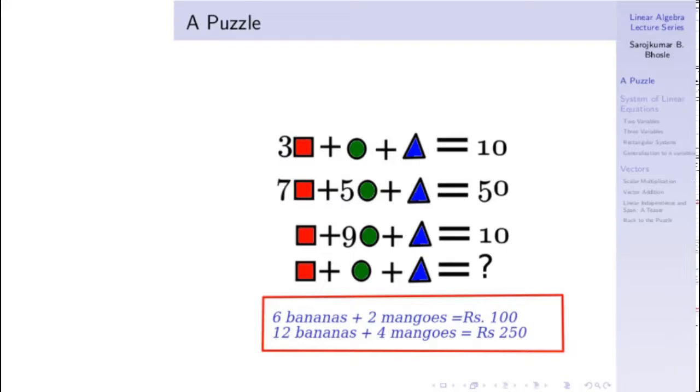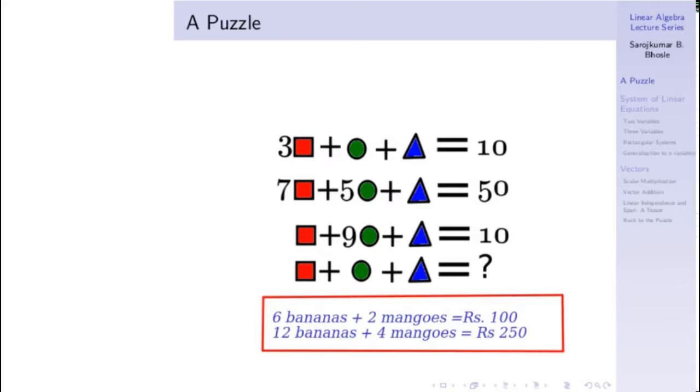Now let's take another example. Suppose you are given that 6 bananas and 2 mangoes cost 100 rupees and 12 bananas and 4 mangoes cost 250 rupees, and you are asked to find a solution. Finding a solution means finding out how much one banana and one mango cost.